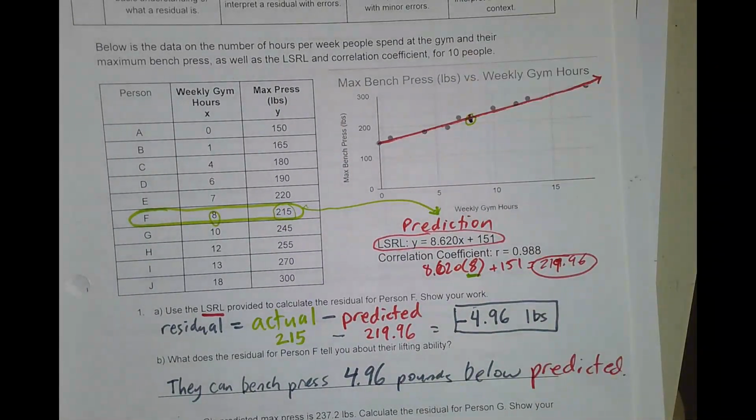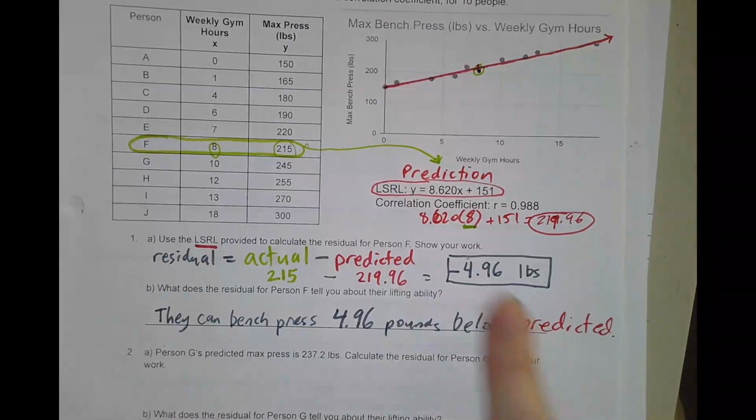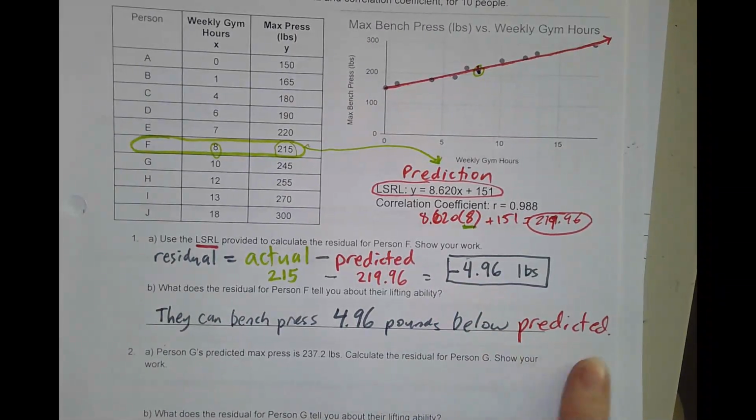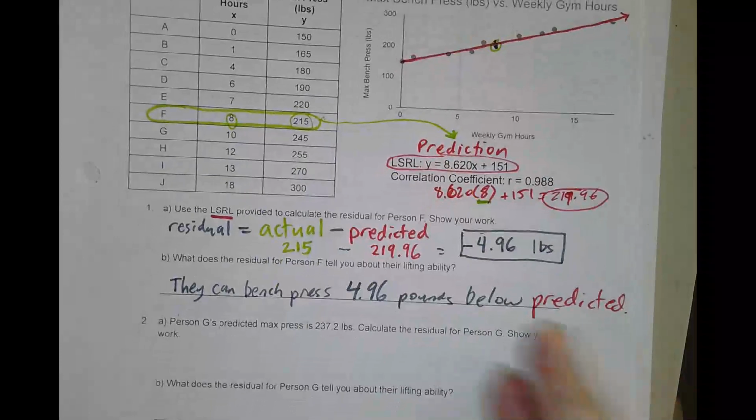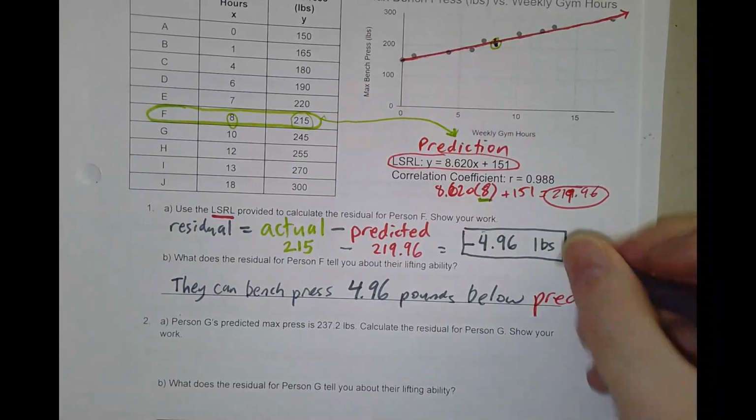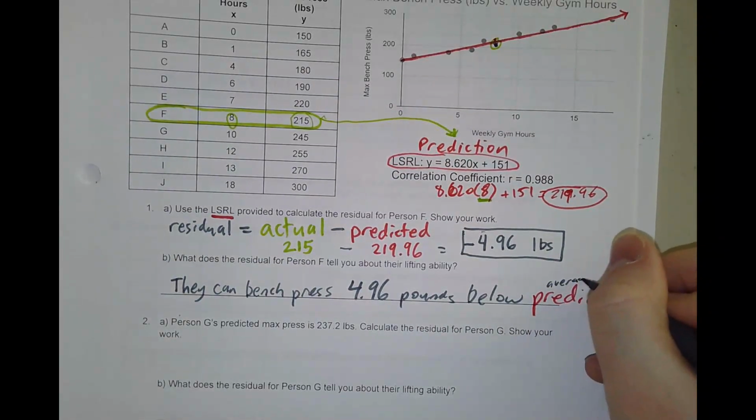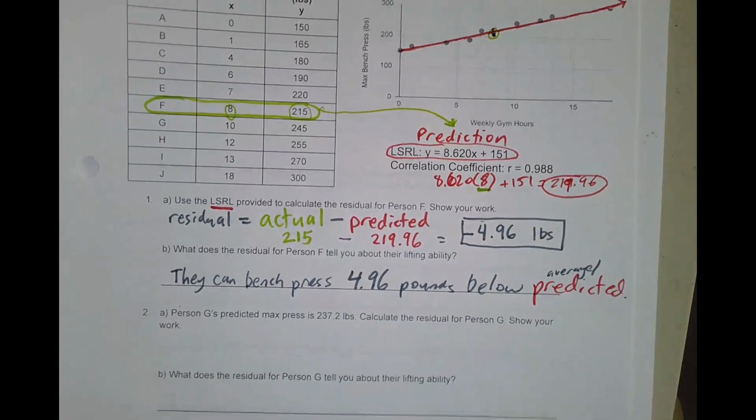That's all it is. They can bench press 4.96 below average or below predicted. You could say average or predicted, whichever one comes to mind for the test.